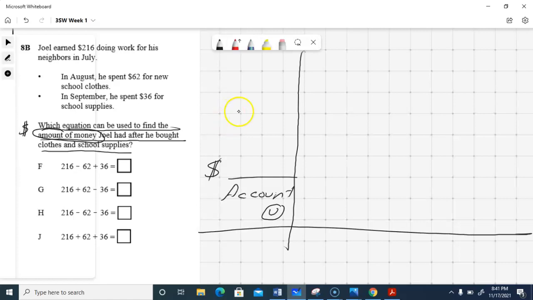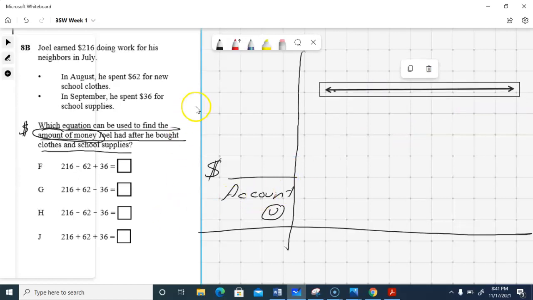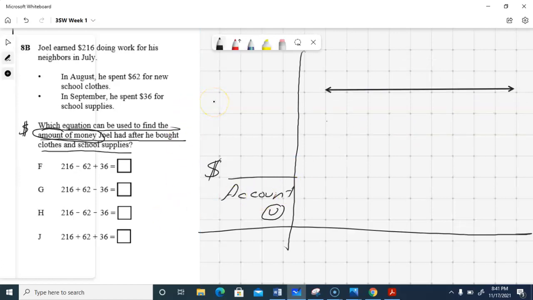Okay, and number lines always work real well. So we'll put a number line up here. Here's my number line. I always like to start at 0 on a number line if you can. It gives perspective to me. So he earned $216 working for his neighbor.